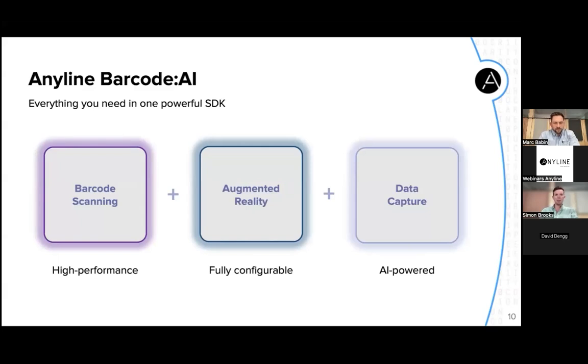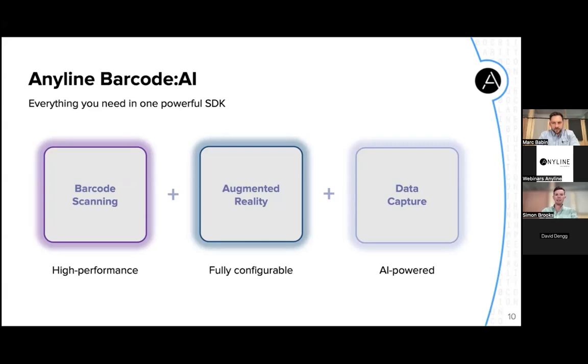So it's high performance barcode scanning. We'll go into the features of this, but everything you need as an enterprise customer in order to scan quickly, accurately, and with really high reliability.